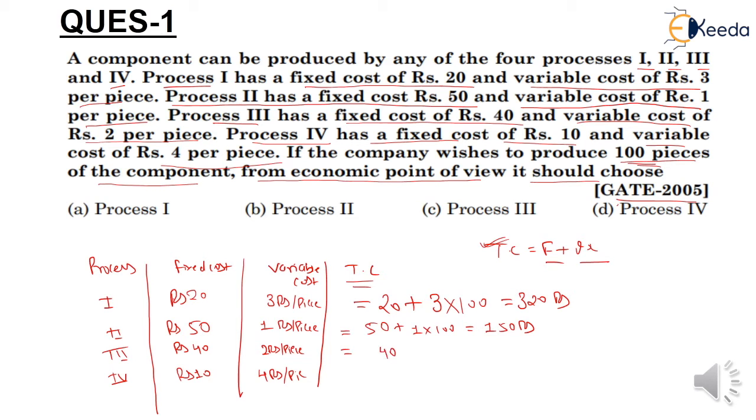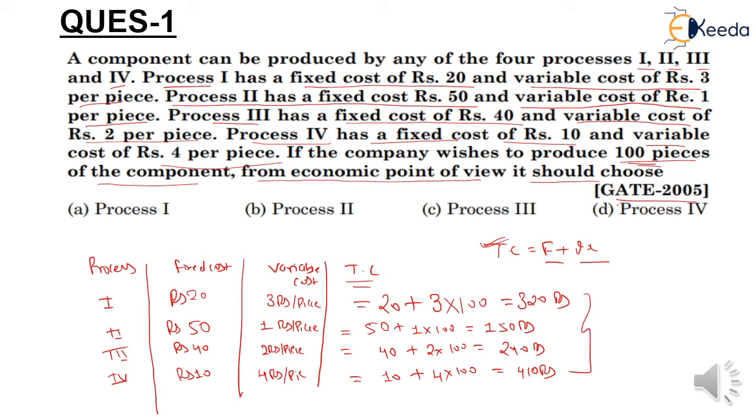40 rupees fixed cost plus variable cost is nothing but 240 rupees. And for the fourth process, the total cost is fixed cost plus variable cost into the number of components produced, which is 410 rupees.